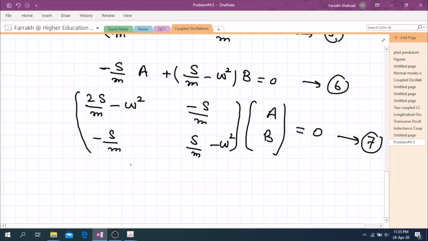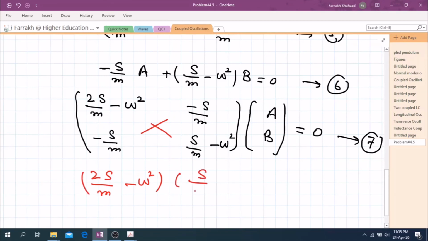To find the determinant, I multiply the diagonal terms: (2S/m minus ω²)(S/m minus ω²) minus S²/m², and this is equal to 0.